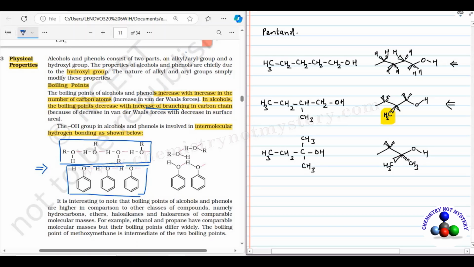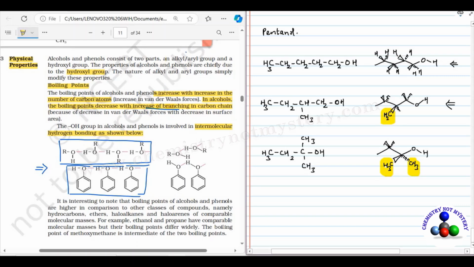When you try to pack 2 molecules of the third isomer, there is a branch of 2 methyl groups. So because of these 2 methyl groups, the close packing of the third isomer will be more difficult. Close packing in the sense, the point at which 2 molecules come in contact.